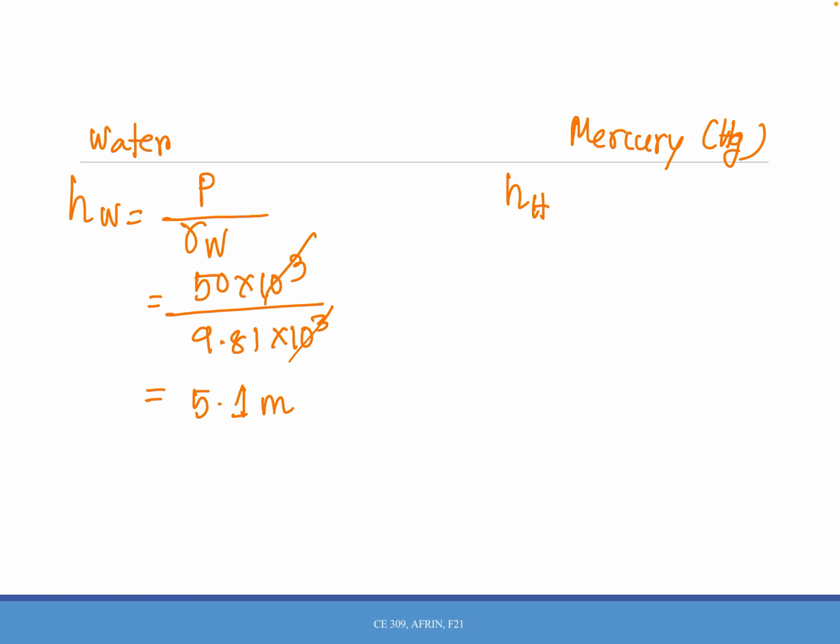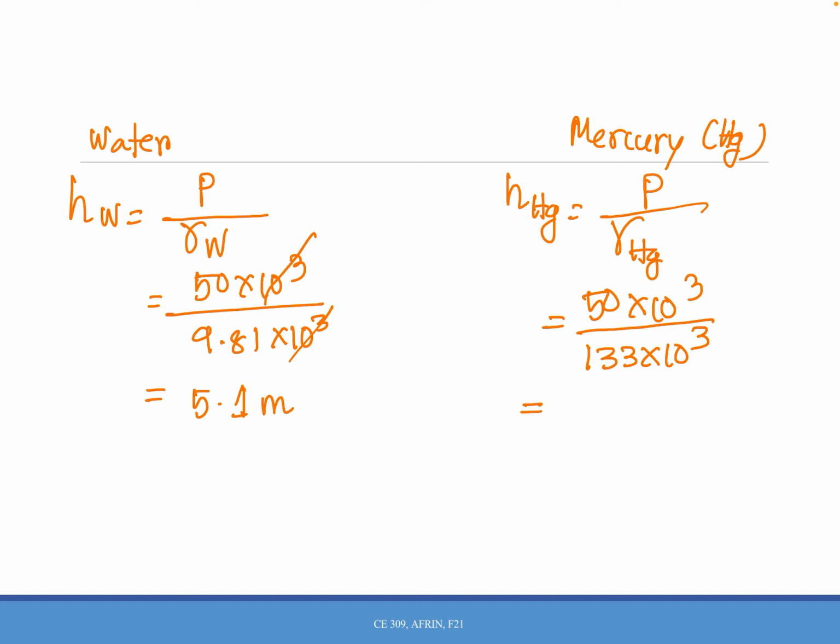And mercury will be P over gamma mercury, which is 50 times 10 to the power 3 over 133 times 10 to the power 3. So 10 to the power 3 got cancelled. It will be 0.376 meter.